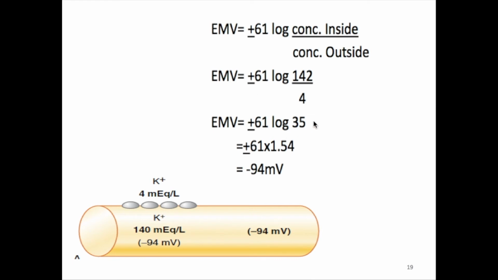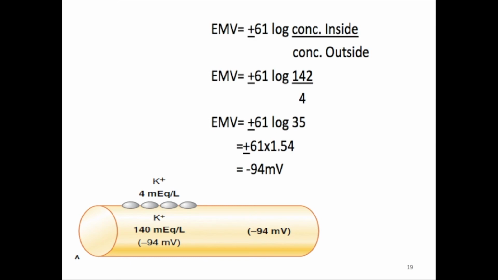We took the ratio of the potassium ion concentration inside to outside, and then the log of this ratio was taken and multiplied by 61, and we got the Nernst potential for potassium, which is minus 94 millivolts.